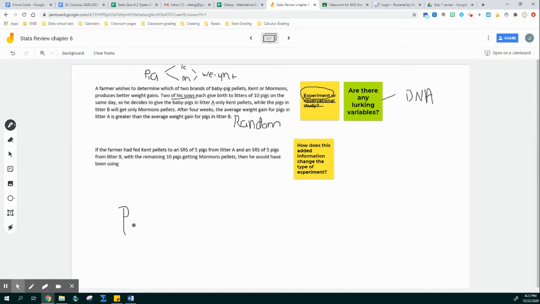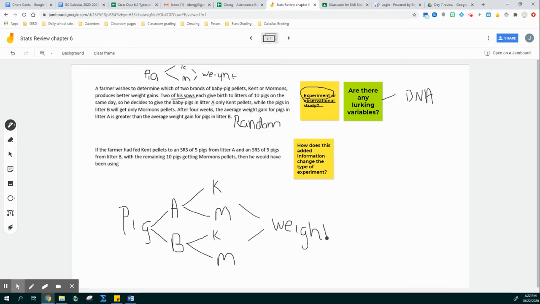I've got my pigs and I'm splitting them into litter A and litter B. And then I'm taking litter A and giving some of them Kent and some of them Mormon. And then litter B, some of them are getting the Kent and some of them are getting the Mormon. And then we're going to look at the weights of these pigs after he was done.